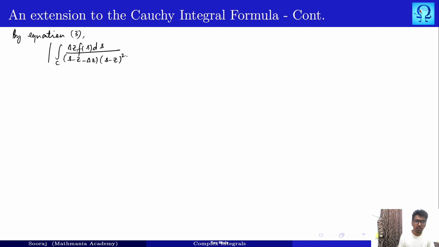So this quantity is smaller than or equals absolute of delta z, and what is the maximum value of f?